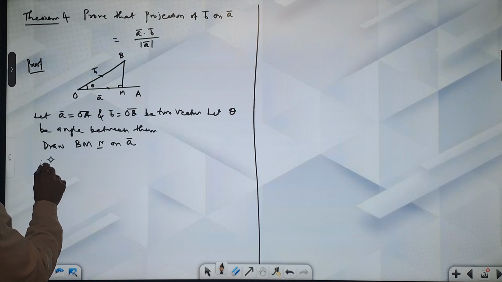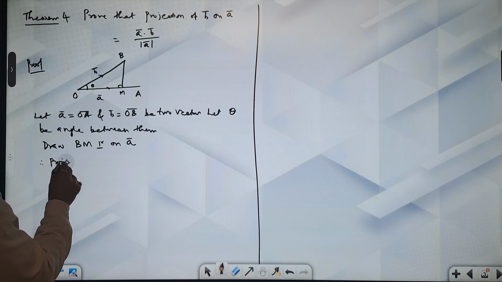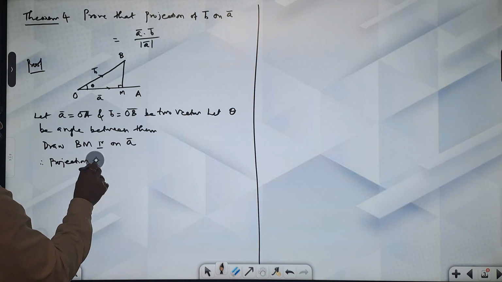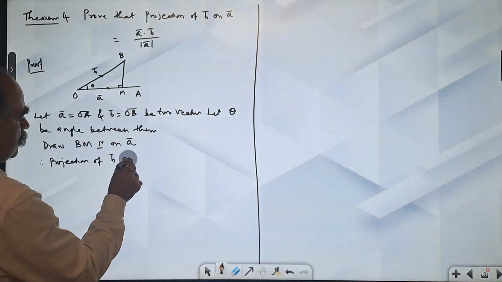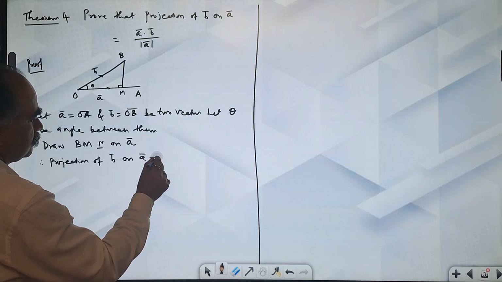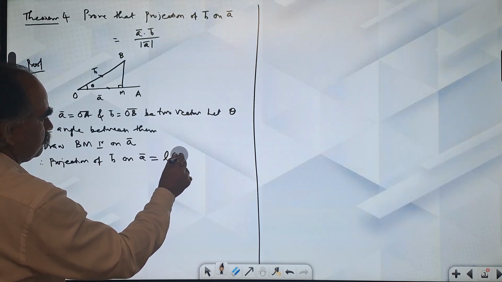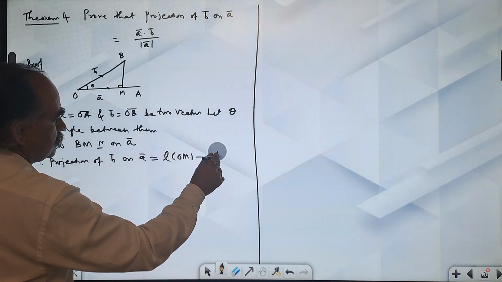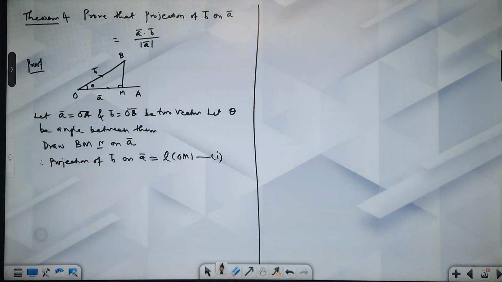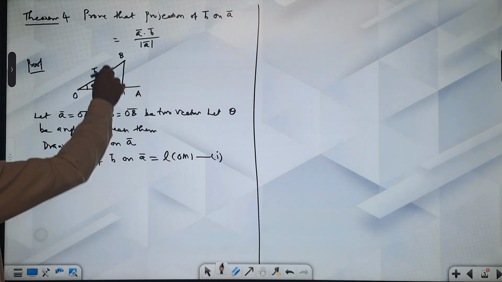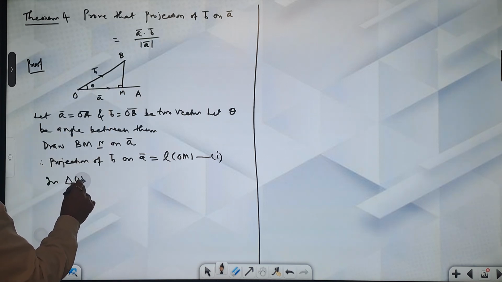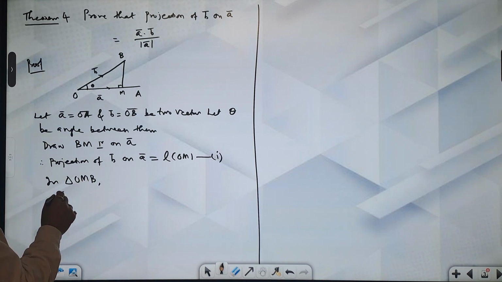Therefore, projection of B bar on A bar is equal to length OM. Write this as equation number 1. In triangle OMB, cos theta is what?